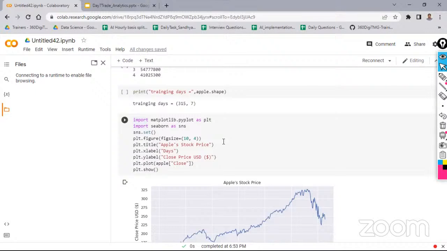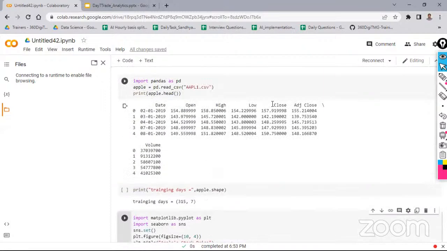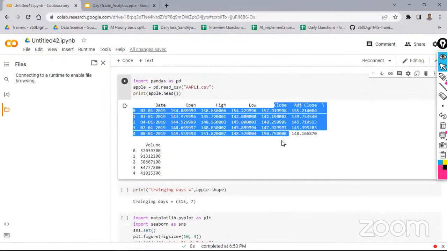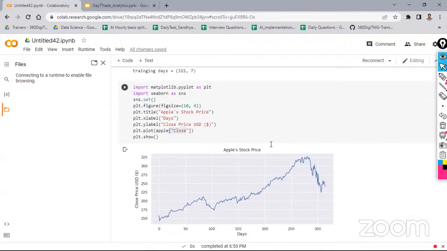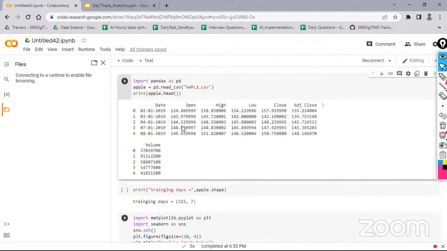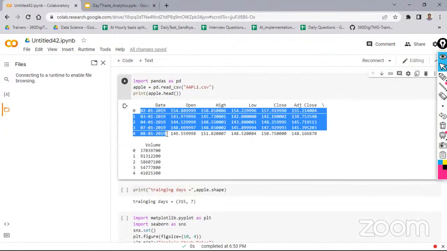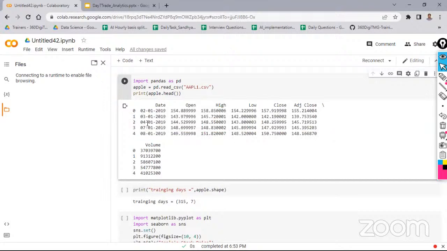So I need to draw the stock price with respect to the close price. This one, the close price, the close one, with respect to the days. Okay, so 2, 3, 4, 7, 8, and it got changed.